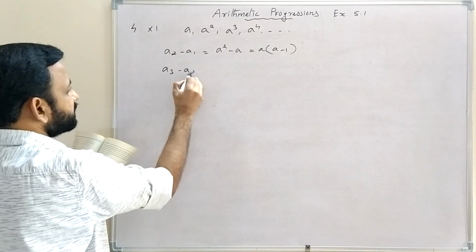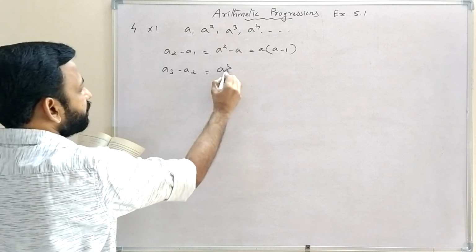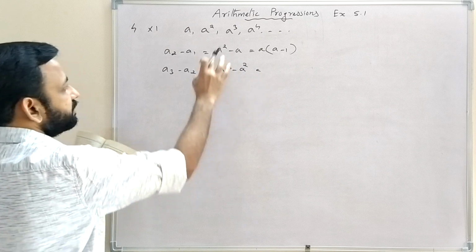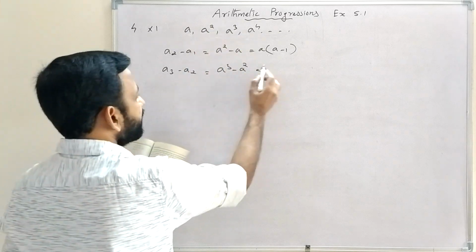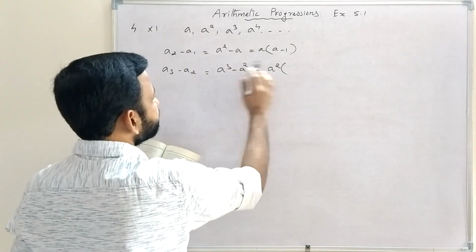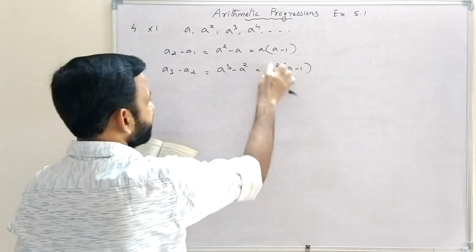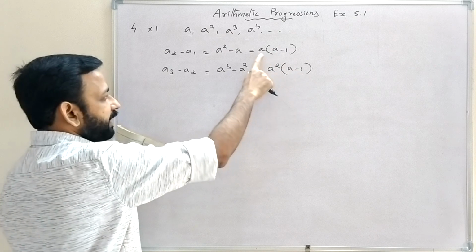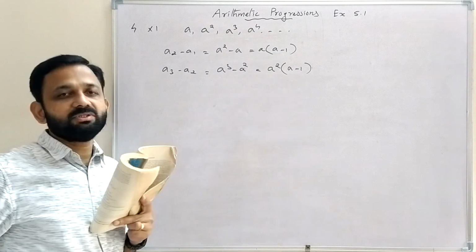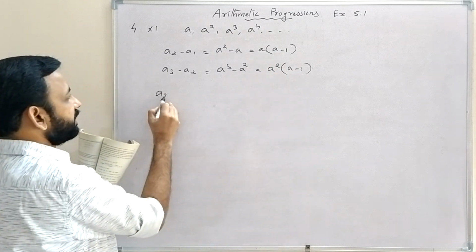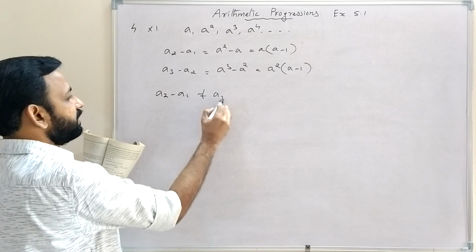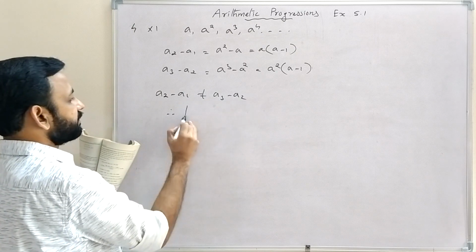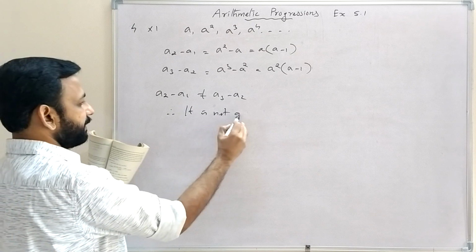Then A3 minus A2, that is A cube minus A square. Here we can take A square outside, then A minus 1. Now we can compare them. A minus 1 is the same, but here we have A square, so they are different. So we write A2 minus A1 not equal to A3 minus A2. Therefore, it is not an AP.